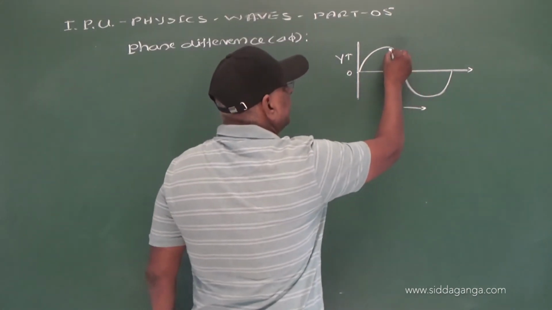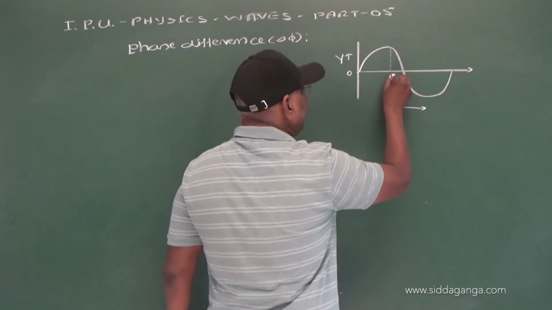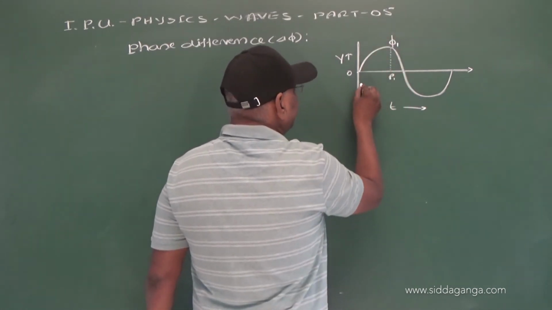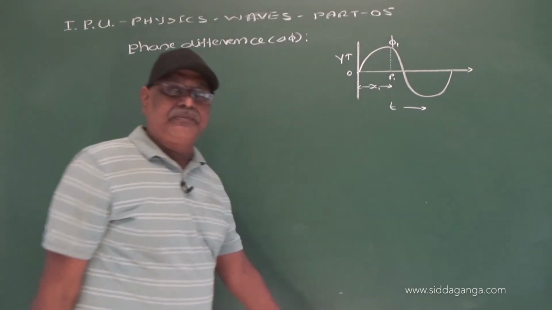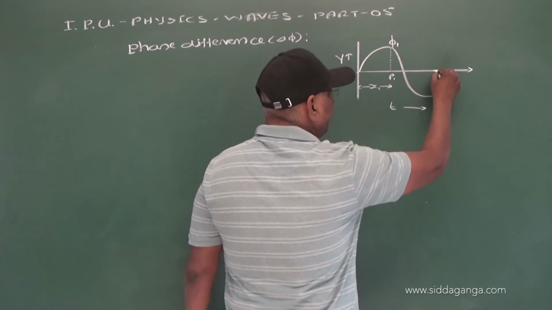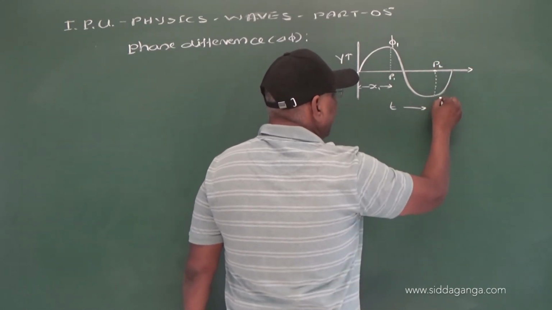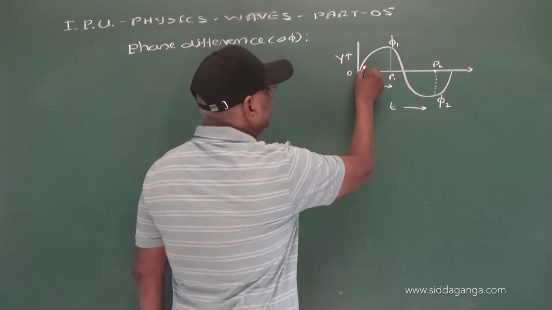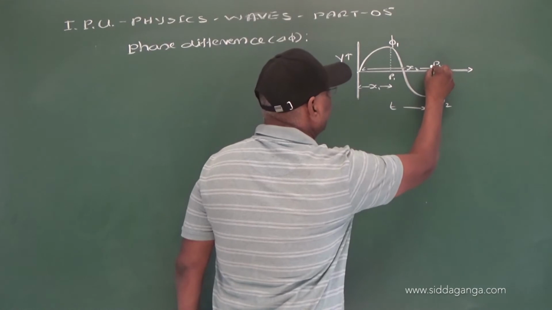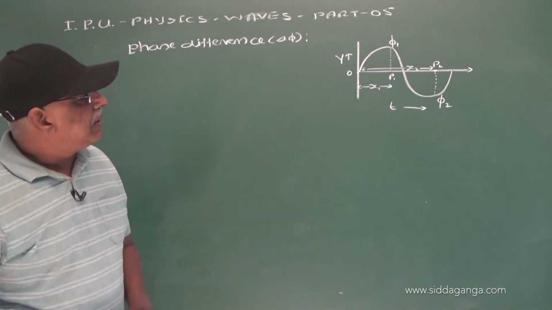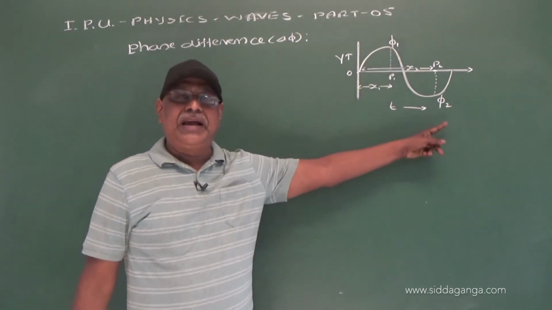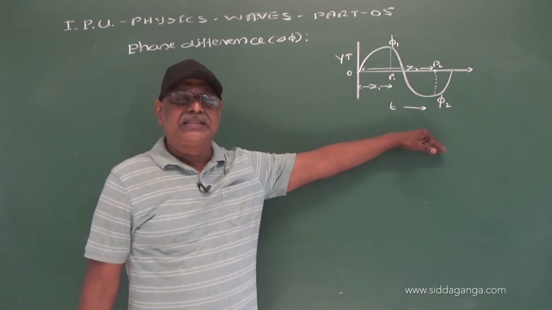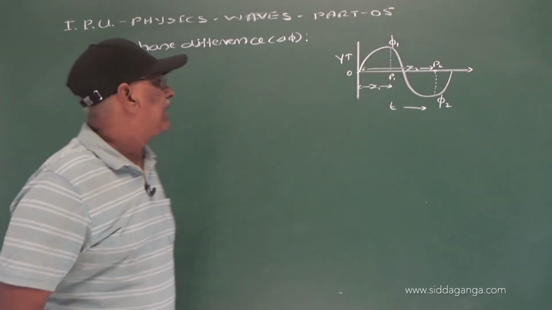Now let us consider there is a particle at P1 having a phase phi 1, which is at a distance x1 from the origin, and another particle P2 having the phase phi 2 at any instant of time, which is at a distance x2 from the origin. Now, when two particles of the propagating medium are in different states of vibration, then there exists a phase difference between the two particles.